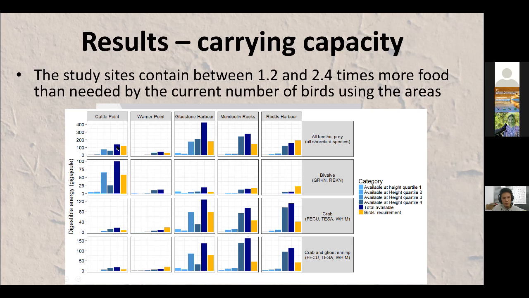And then the dark blue, the second last column here, represents the total amount of food available in that particular tidal flat. And the yellow represents what is needed by all the birds. So if this tidal flat is healthy, then what you expect is that the food supply is higher than the demand. That's happened in most of the areas, except one. And I will get back to that a little bit later.